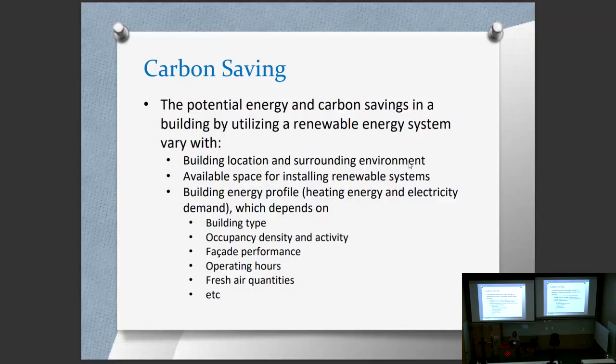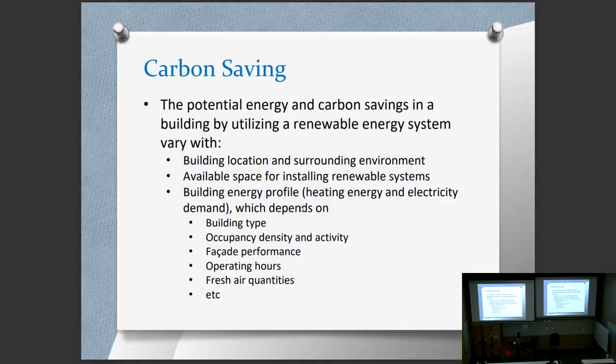And also if you want to utilize the wind energy, the wind turbines, also depends on the building location. It needs strong wind and consistent wind energy. So if there is not much obstruction, it will result in a higher efficiency wind turbine system.